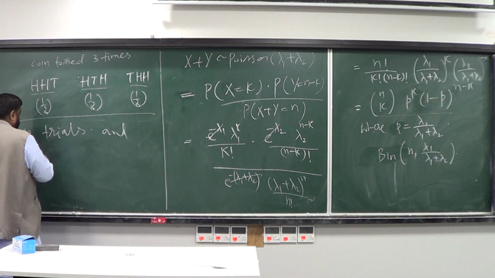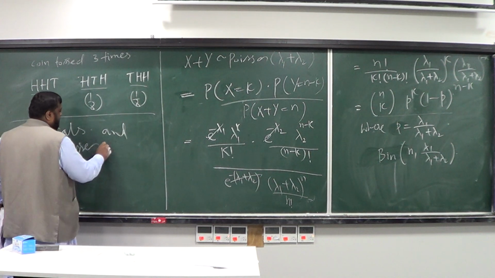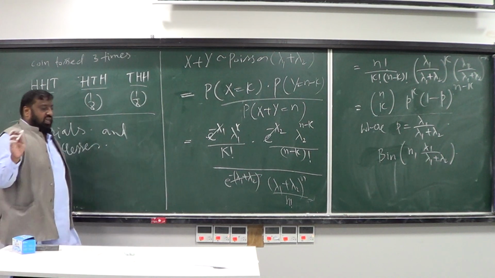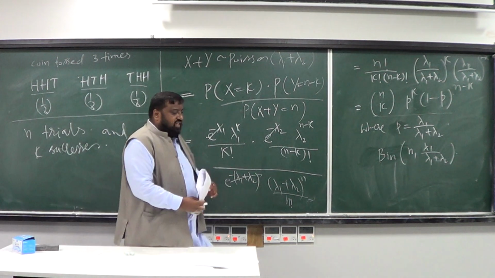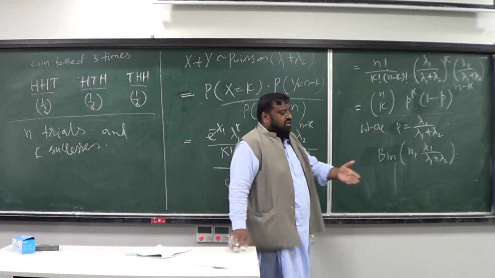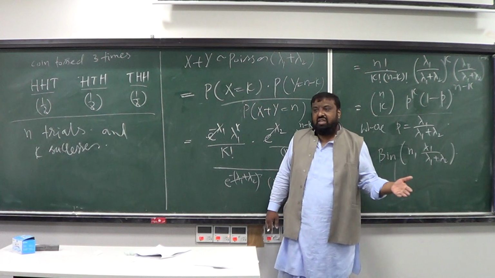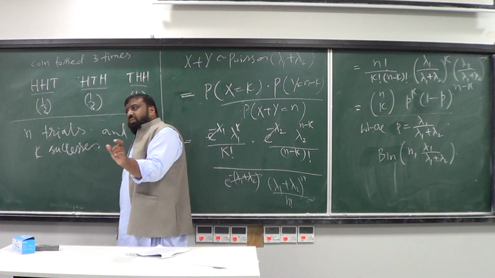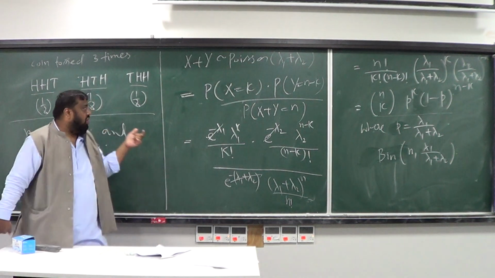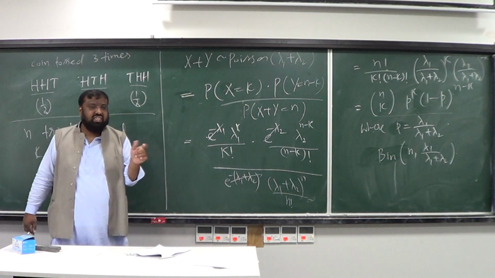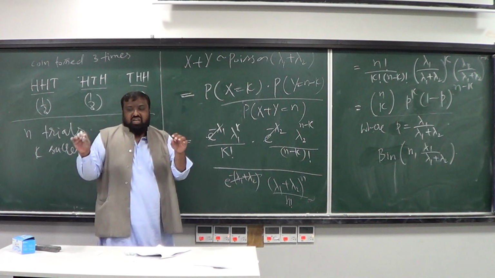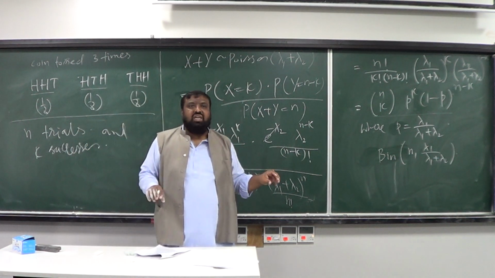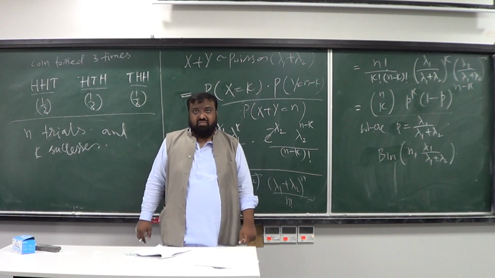Now I want to show that no matter what pattern of k successes you take, each outcome, each ordering in which you have k successes and n minus k failures, all of these outcomes have the same probability.